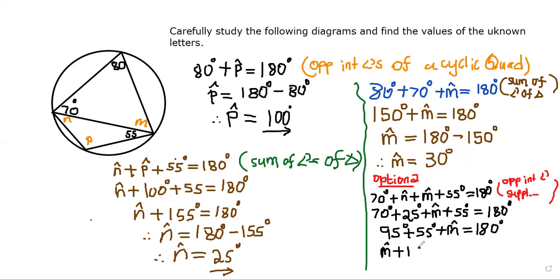So that will be 150 degrees equals to 180. Therefore, angle M is equals to 180, then since that 150 is positive, when I transpose it to the other side, it changes the sign to become negative. So it's minus 150 degrees. That should give you 180 minus 150, which is still the same as 30 degrees.